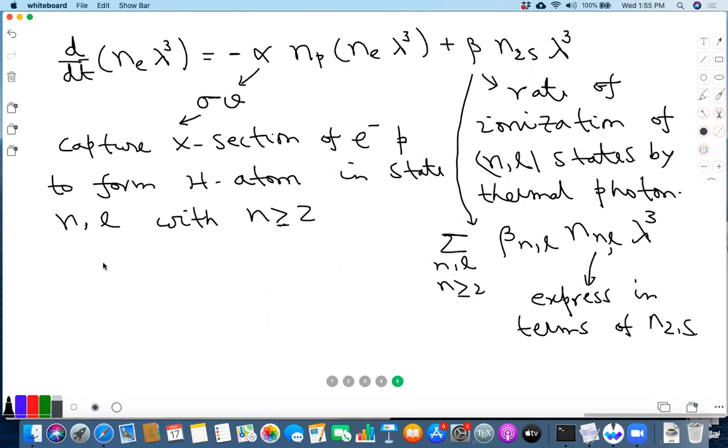So we go to the next page. Okay, maybe this one I can explain here only, it's easier. So why not n equal to 1?